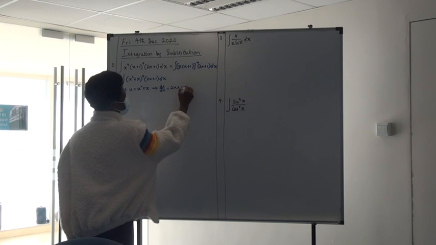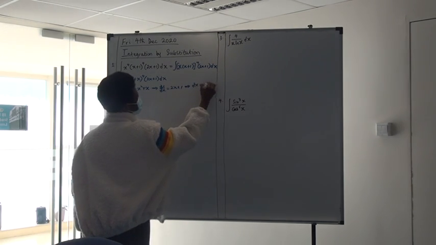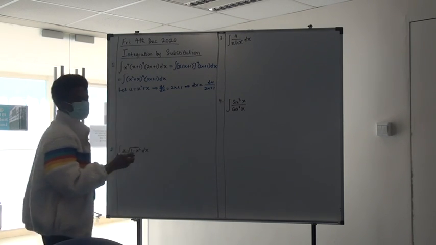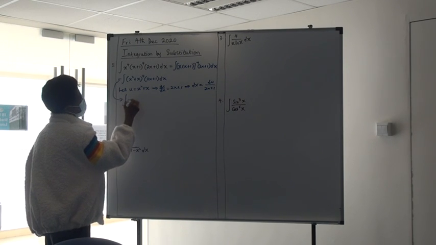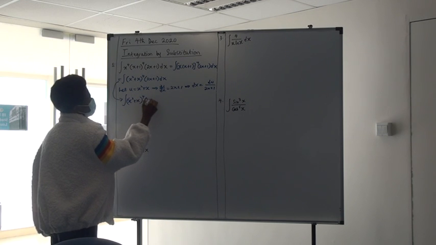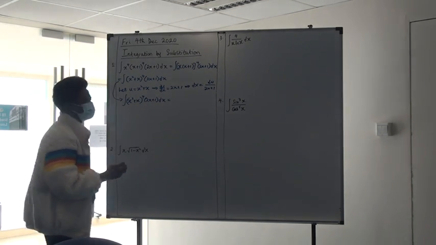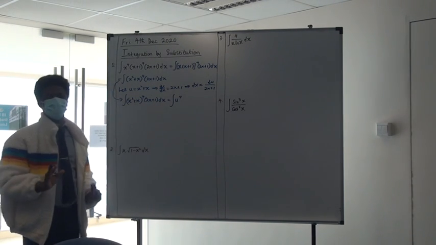Okay? Then this implies that your dx swap du divided by 2x plus 1. And as a result, the original problem, integral x squared plus x to the power 4, 2x plus 1 dx is hereby transformed into integral u to the power 4, which is easy.